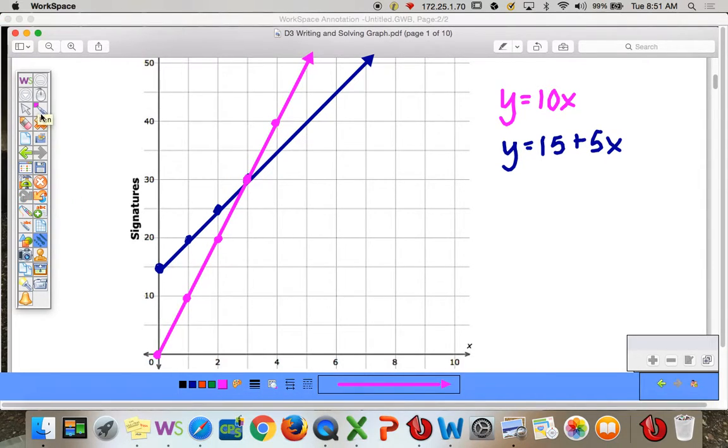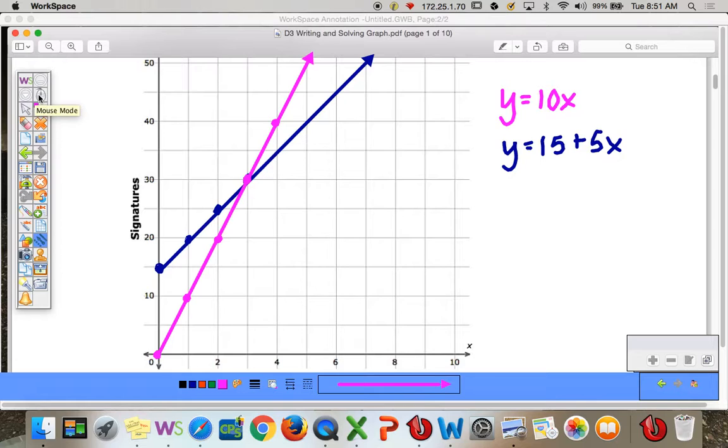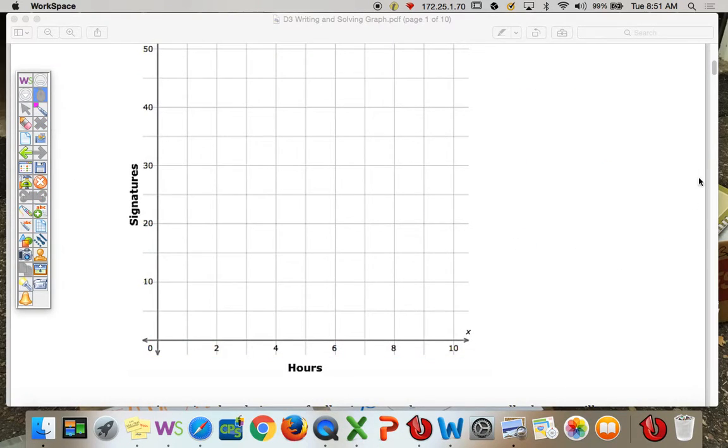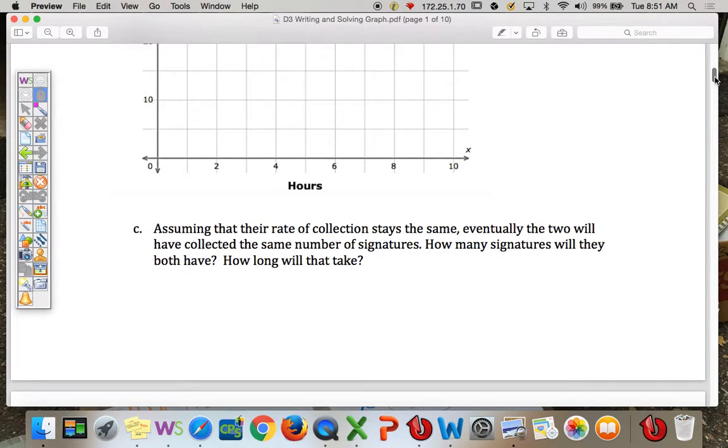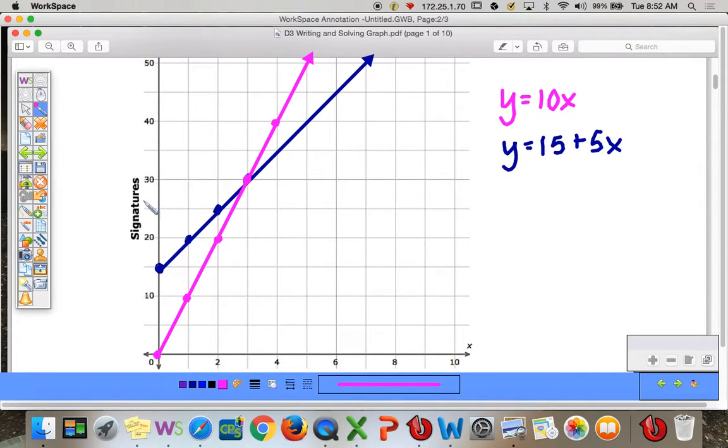Okay, so the question is, write a system of equations for Rayshawn and Erica. We did that. We graphed it. And then I think it asks, assuming that the rate of collection stays the same, eventually the two will have collected the same number of signatures. How many signatures will they both have? Okay, so how many? So here's signatures.